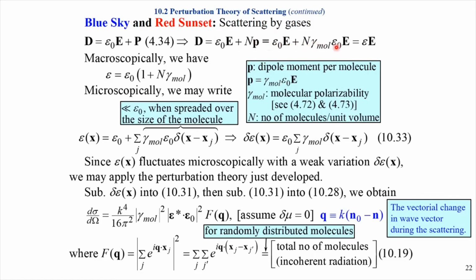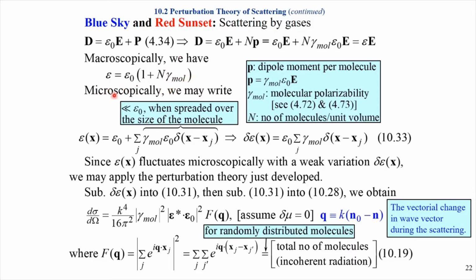We got this one. If you don't like, you can just write the macroscopic effect. Epsilon is obviously epsilon 0 times 1 plus N gamma mol.